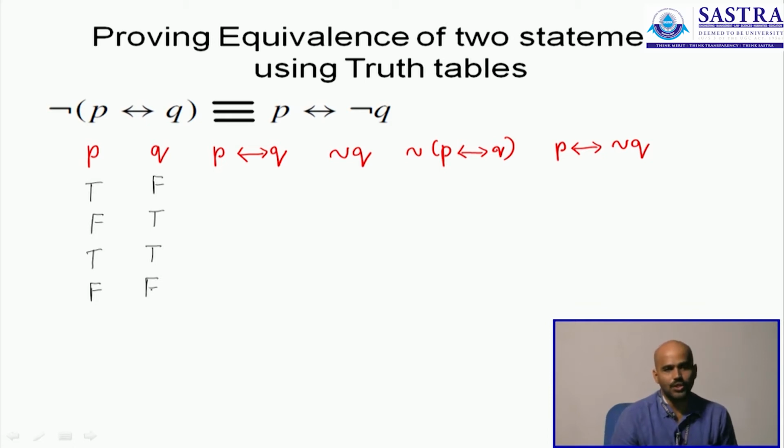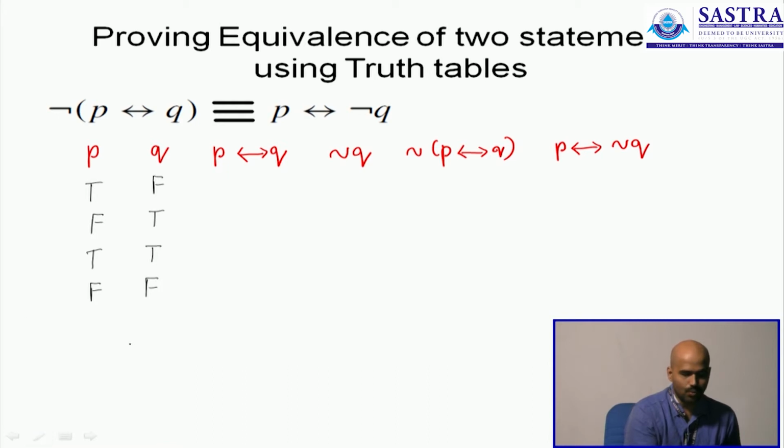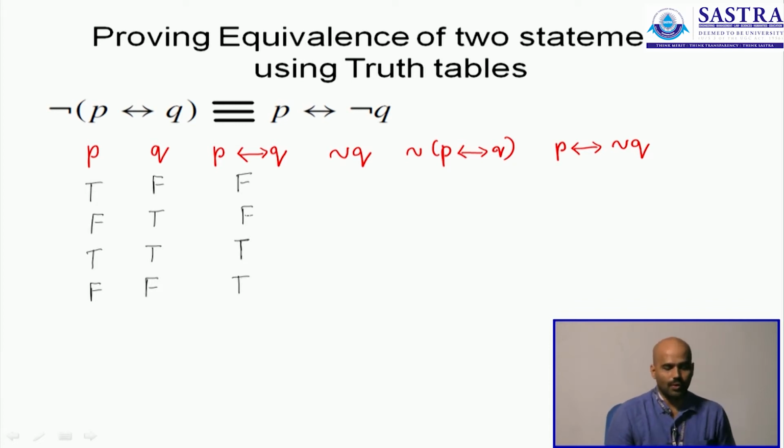We know how a biconditional works, we saw this last class. A biconditional takes a true value only when both are identical. So either both P and Q should be true at the same time or false at the same time. Only then a biconditional takes up a true value. That happens only in row 3 and row 4. Hence rows 1 and 2 will take a false value.